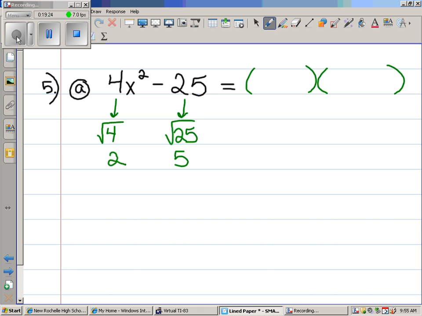This is going to be 2x minus 5 and 2x plus 5. How did I know it to be 2x? Because I needed the front number to be 4. The numbers in the parentheses are always going to be the same. You'll just see the signs in between switched.